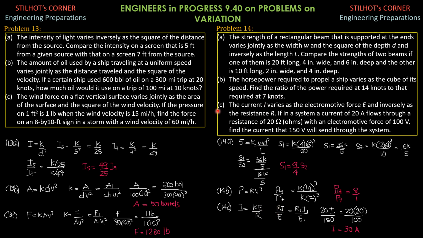And finally, 14c. The current I varies as the electromotive force E and inversely as the resistance R. In a system, a current of 20 amperes flows through a resistance of 20 ohms with an electromotive force of 100 volts. Find the current that 150 volts will send through the system.